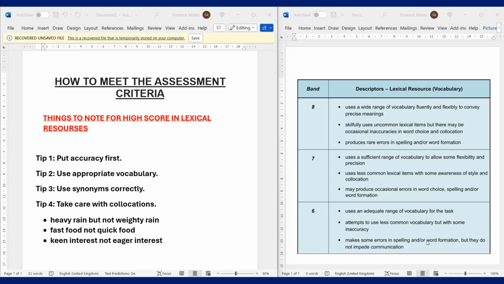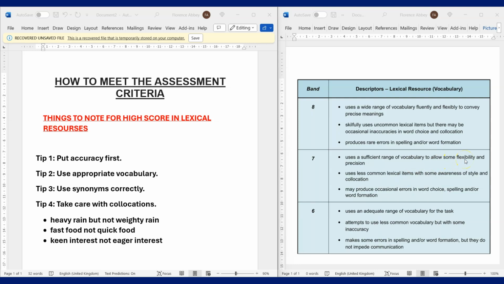Now, for you to get a band 7, you also have to use a sufficient range of vocabulary. Remember, band 6 we call an adequate range, but the person who gets band 7 uses a sufficient range of vocabularies to allow some flexibility and precision. This is very important.